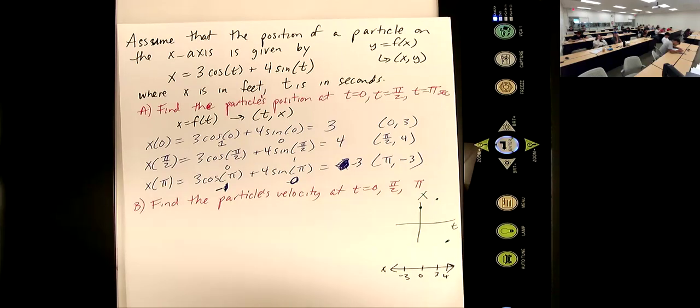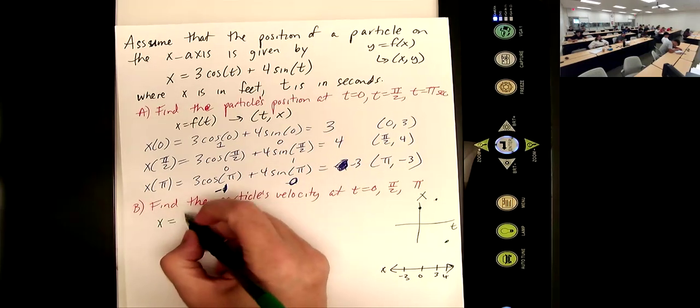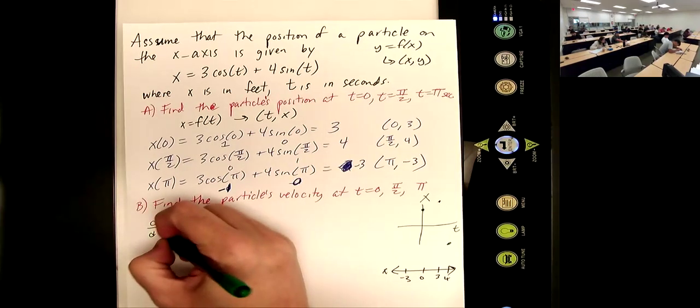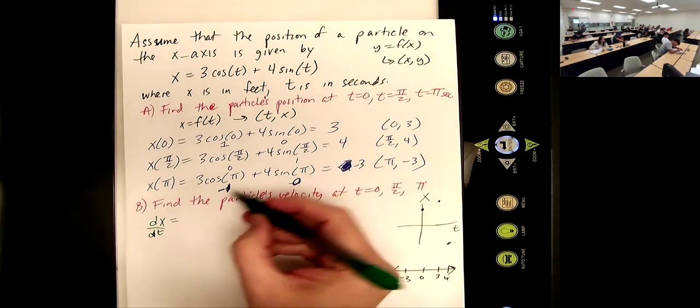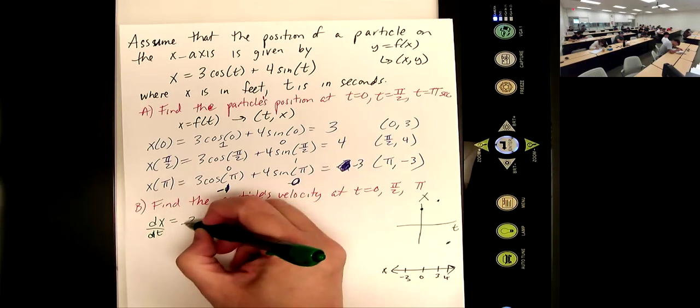So we take the derivative here. What's the derivative of this, what's dx dt here? That's velocity, the derivative of position. We have 3 with a negative sine t, so I'll put the negative out front.